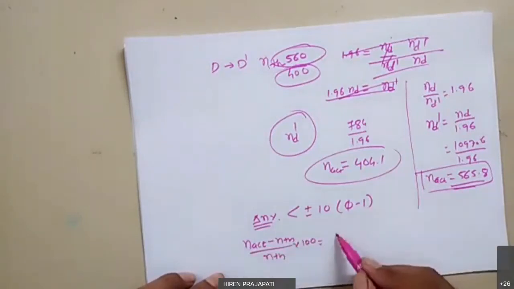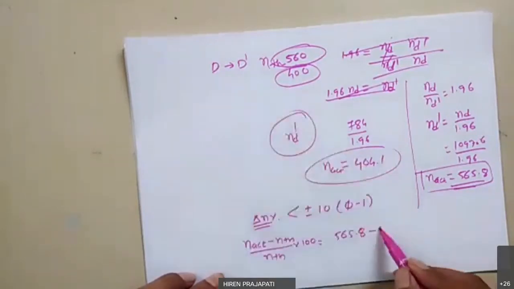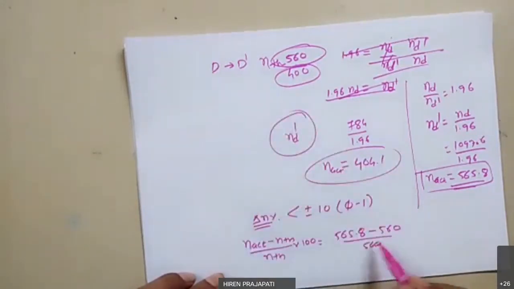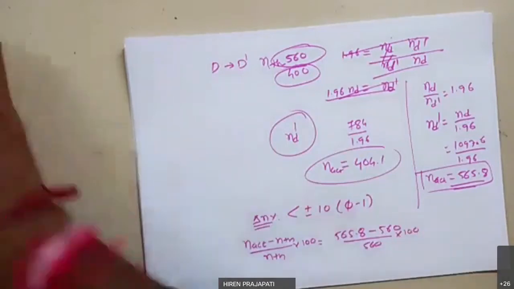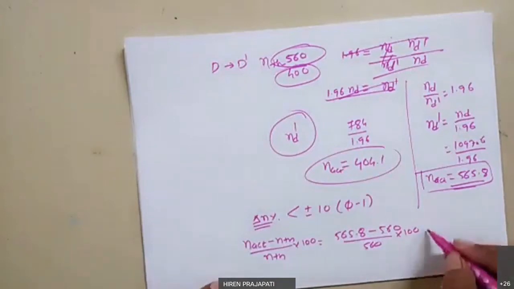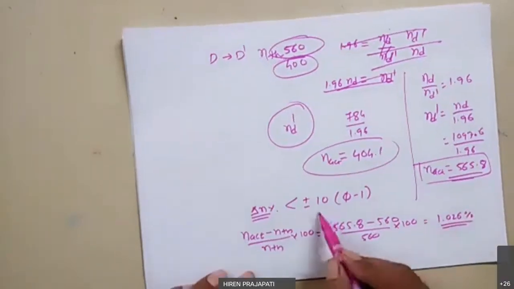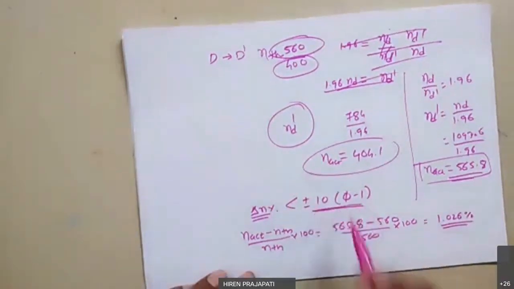Actual is 565.8, theoretical is 560. Find the percentage, how much we are getting. This percentage you will get is 1.026, right?